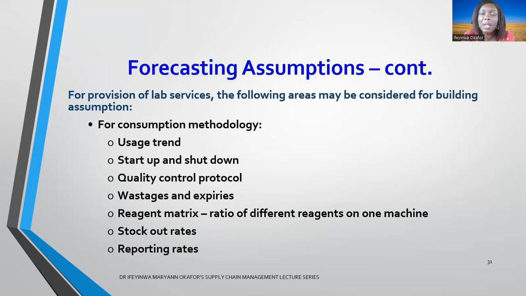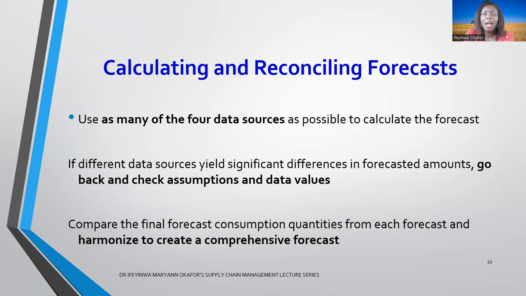Then using the consumption method, some of the assumptions that you can make at laboratory level are usage trend, startup and shutdown, quality control protocol, wastages and expiries, reagent matrix, ratio of different reagents on one machine, stock out rates, reporting rates. When you are through, remember that all assumptions should be recorded, documented, and validated.